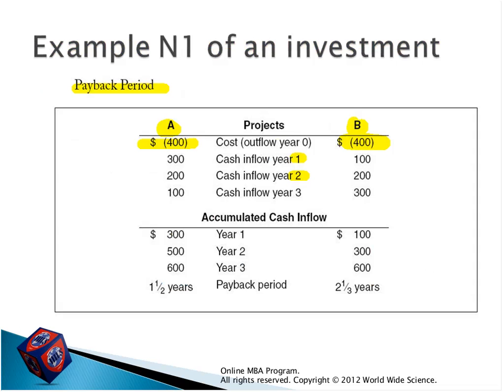Now we are going to see how much profit each project brings to the company. Project A brings 200 in the first year, 200 in the second year, and 100 USD in the third year. Project B brings 100 in the first year, 200 in the second year, and 300 in the third year.